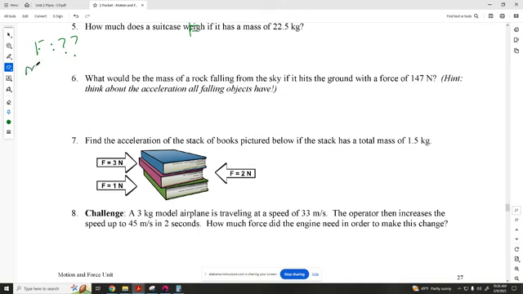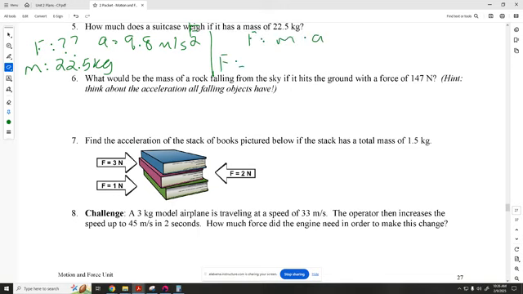Well, my mass is 22.5 kilograms. And I'm going to use the acceleration of gravity, 9.8 meters per second squared, because that is acceleration pulling downward on the mass to generate the force. Force is equal to mass times acceleration.